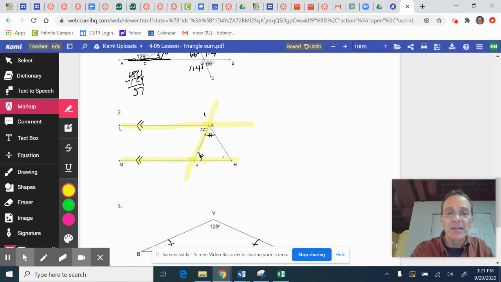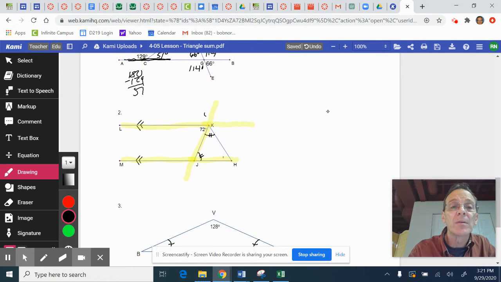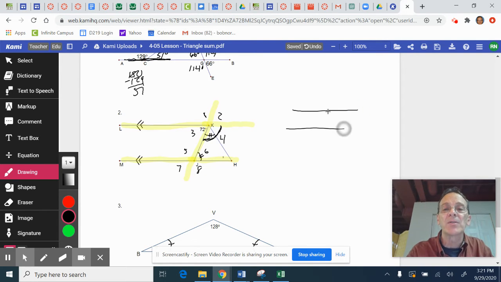Just look at the yellow highlights now, right? There's 8 angles there. I'm going to number them. 1, 2, 3, 4. There's a 4th angle going from that yellow line all the way down to that yellow line, and then 5 and 6 and 7 and 8. There's 8 distinct angles when 2 parallel lines are crossed by a third.